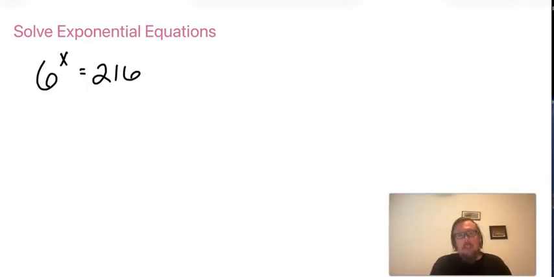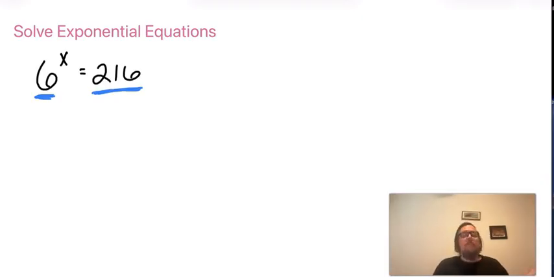Because in order to do any problem like this, where we're solving an equation with exponents, you have to be able to rewrite one or sometimes both sides of an equation so that they have the same base. So this left side of the equation has a base of 6. I need to rewrite the right side of this equation so that it also has a base of 6.